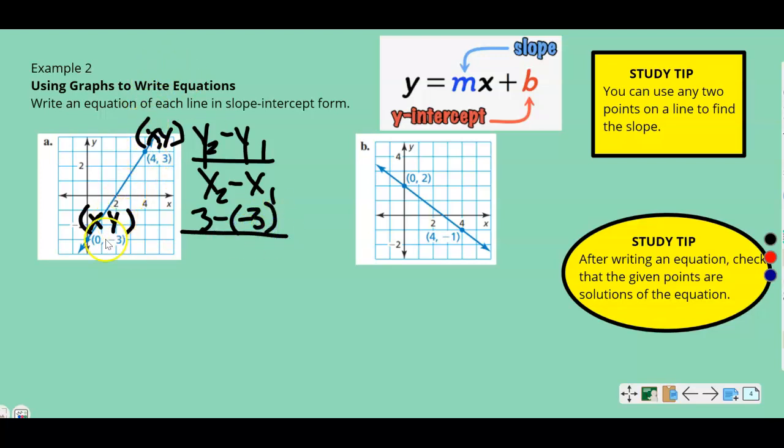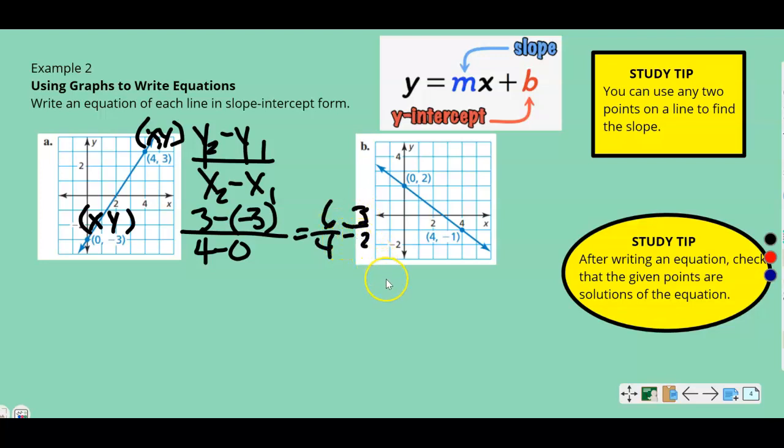My x is 4 minus 0. So 3 minus -3 would be 3 plus 3, or 6 over 4. 4 minus 0 is just 4. And then that reduces to 3 over 2. So my slope is 3 over 2.